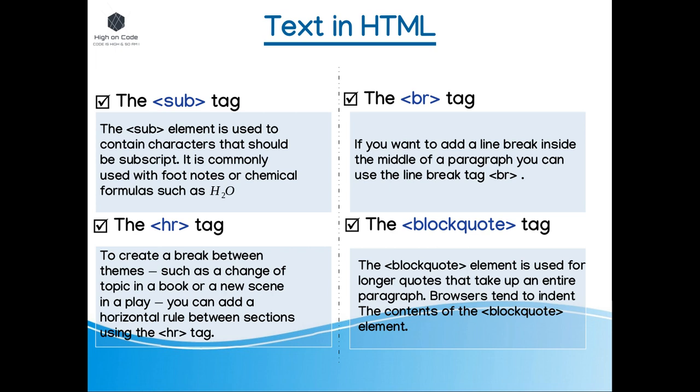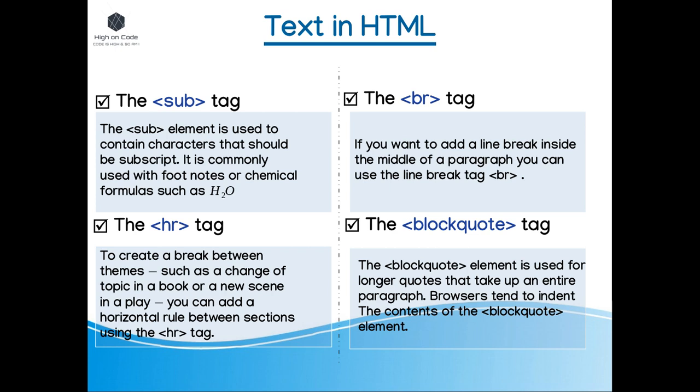The next tag here is the break tag. Whenever we want to insert a break in our paragraph, we can just use the break tag. The break tag does not have a closing tag, as we have discussed earlier. The sup tag, the sub tag and the paragraph tag have an opening tag and a closing tag, but the br tag only has an opening, not a closing.